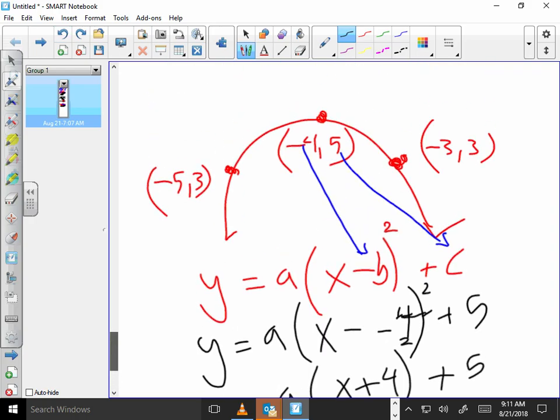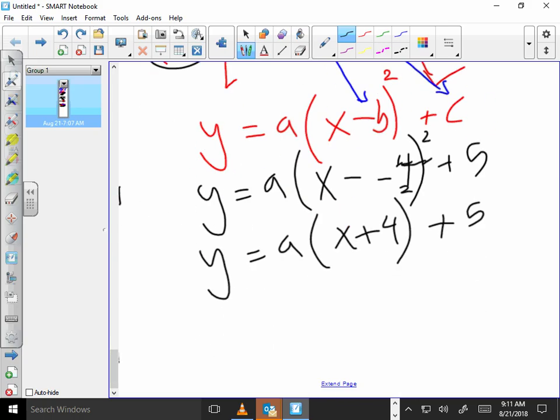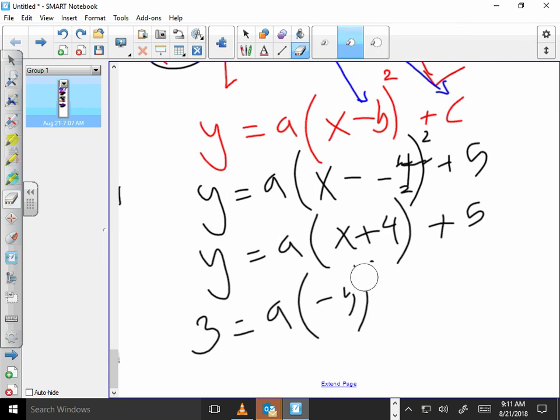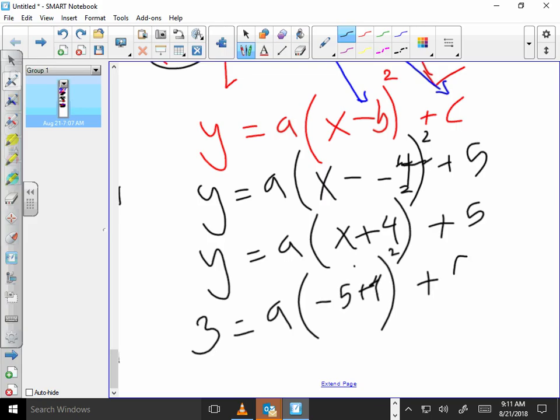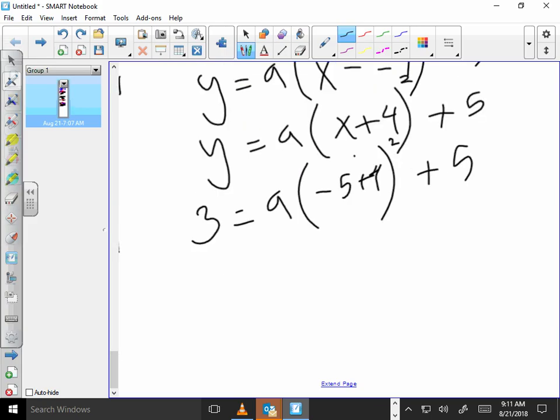I'm going to plug in negative 5, 3 for no other reason than that's the point I saw first. A, negative 5, plus 4 squared plus 5. Well, I know negative 5 plus 4 is negative 1. And I know negative 1 squared is just 1 times a.